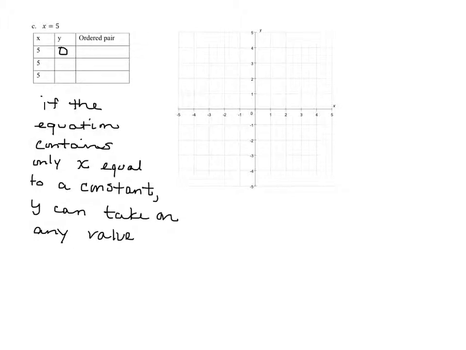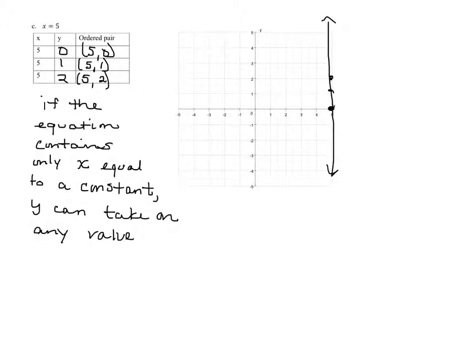0, 1, 2. Great. So 5, comma 0, 5, comma 1, 5, comma 2. So let's just graph it and see what happens. So 5, 0, 5, 1, 5, 2, and I draw this line.